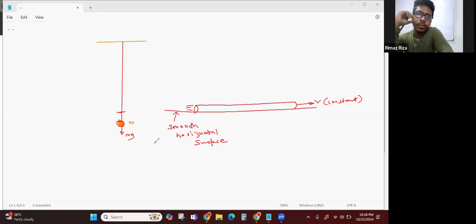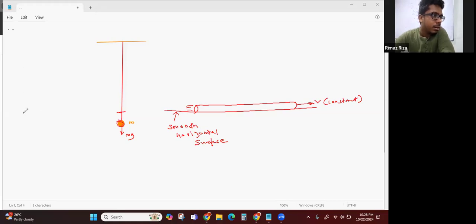Velocity is applied to the full string. Yeah, velocity is constant in the whole string. Then how could you explain that the tension has to be same everywhere? There's no other force acting on this.